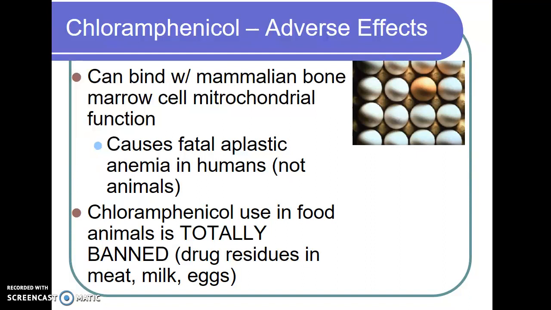Aplastic anemia basically means it destroys all of the cell lines being produced in the bone marrow. So this is why it's totally banned for being used in food animals. Any type of animals producing a food, so eggs, meat, and milk, in addition to meat animals.